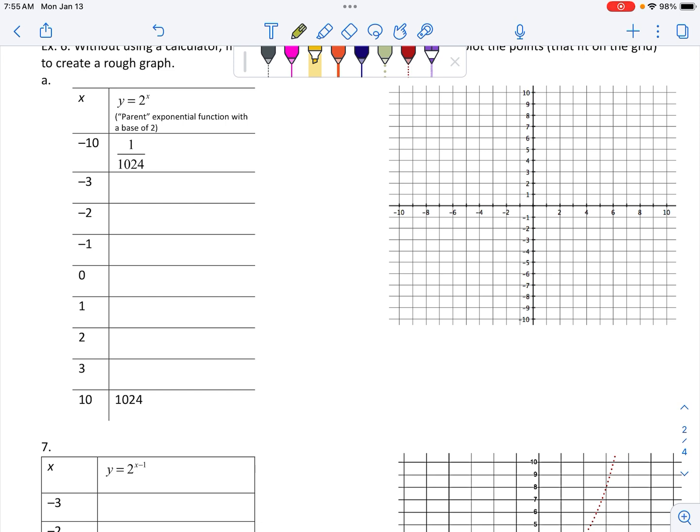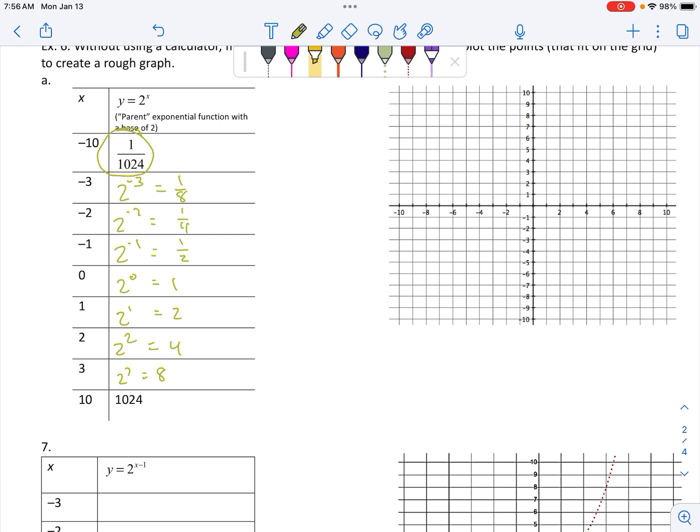All right. So 2 to the negative 3, that would be 1/8. 2 to the negative 2 would be 1/4. So I'm just going to fill these in here. But basically it shows that if you go really far to the negatives on your x, you're going to get closer and closer to 0, but never actually quite cross there.